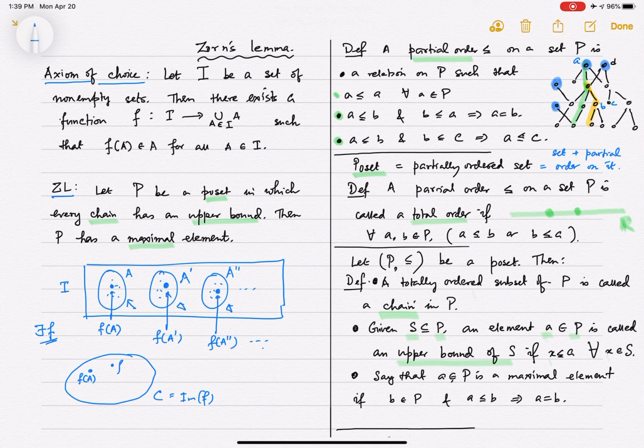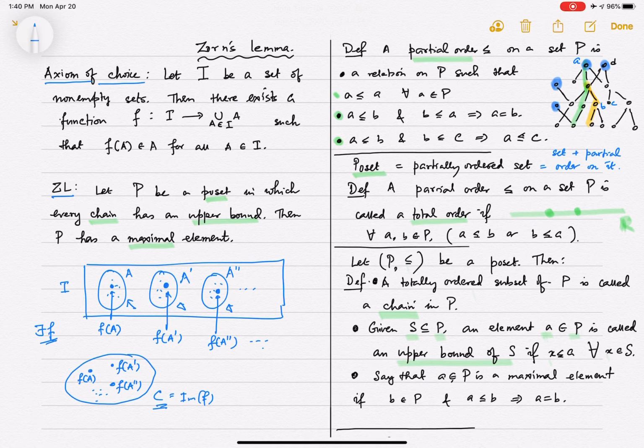Namely, you can just put these guys, etc. So I'll repeat. Given a set of non-empty disjoint sets, there exists a set C which contains exactly one element from each of those sets.